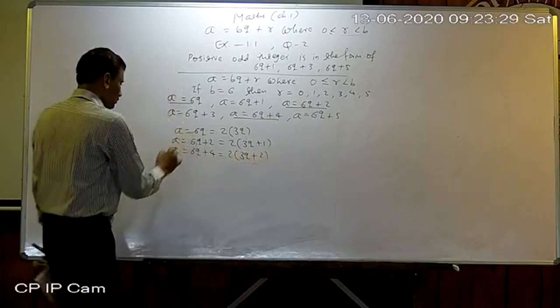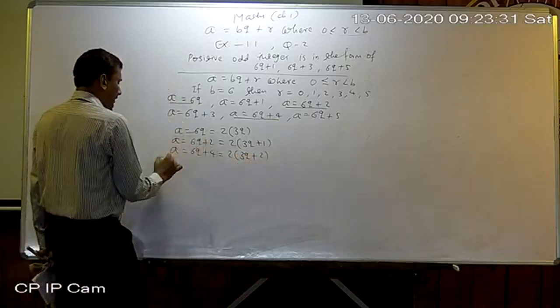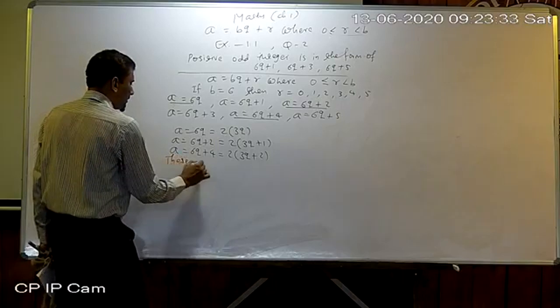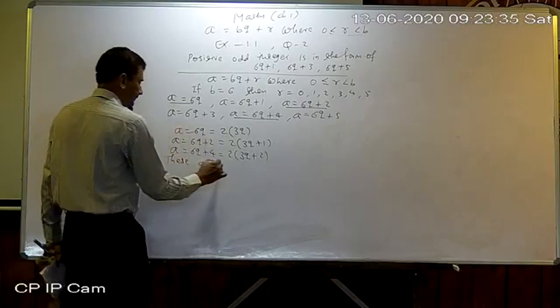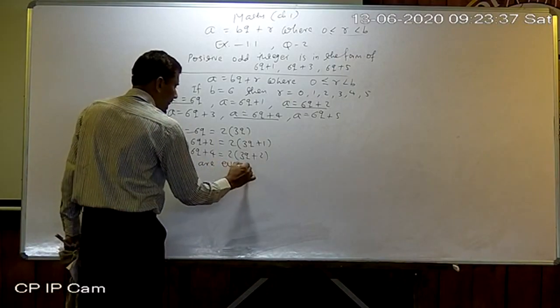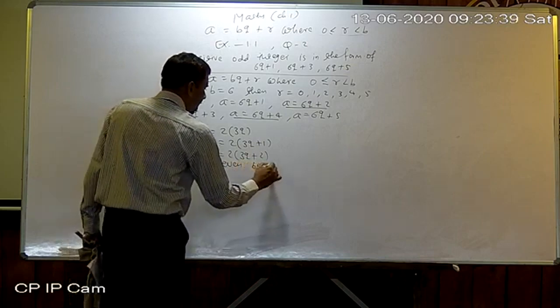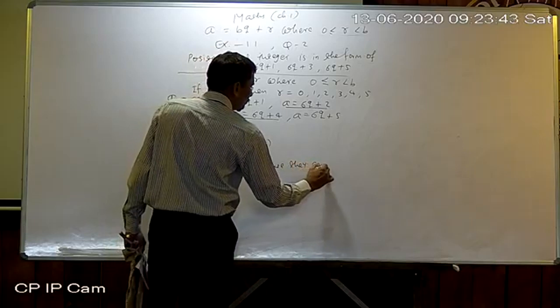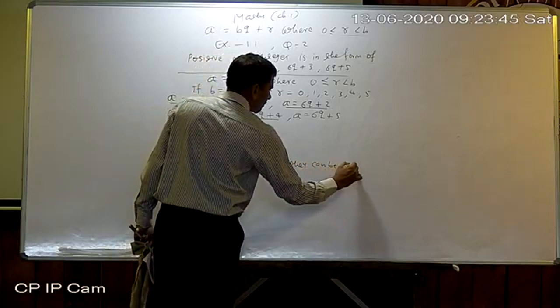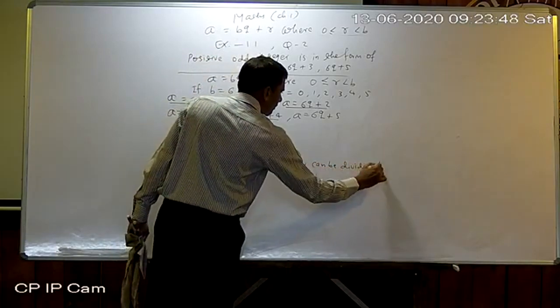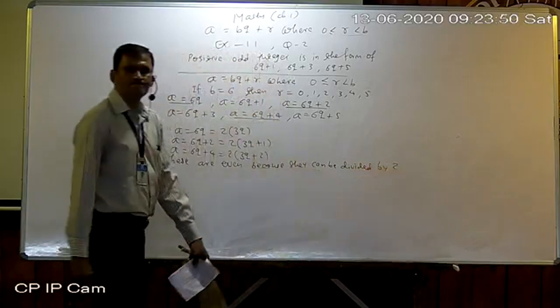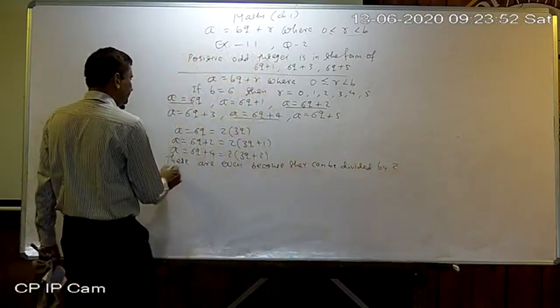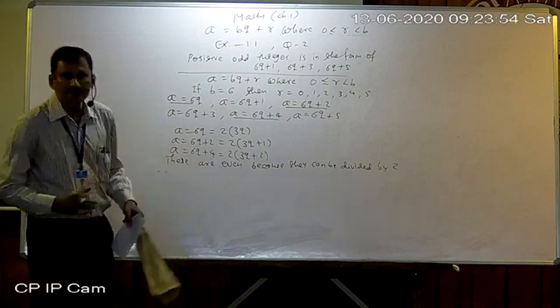So these are even because they can be divided by 2. Therefore the remaining are obviously odd.